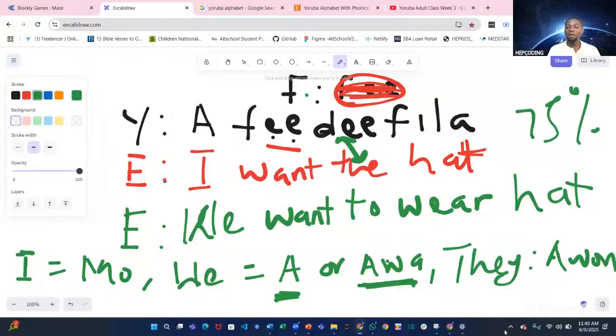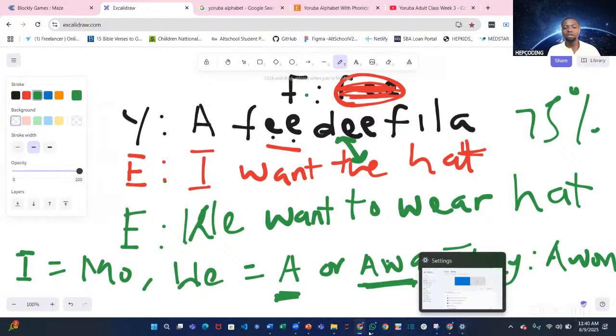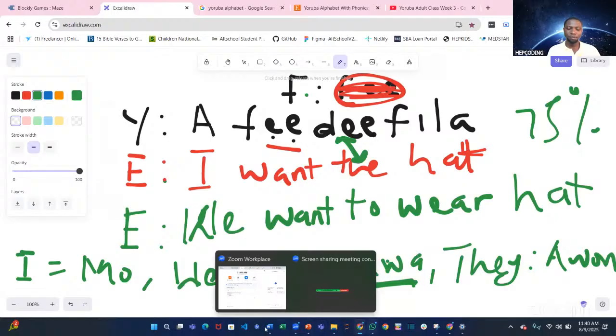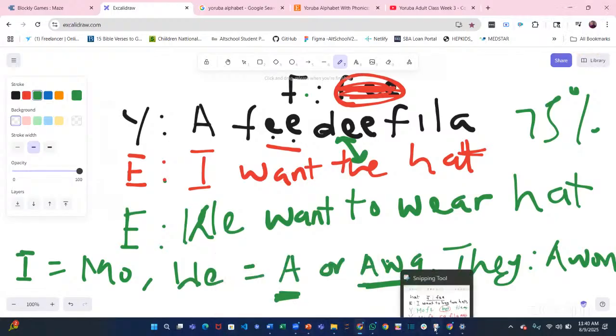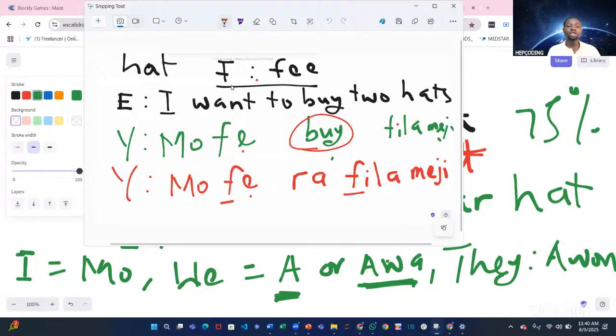So let's now move on. I want you to give me one sentence using all these three things. Give me one English sentence, and then I will write that for you, and then that will move to another alphabet now. You understand me, right? Using àwọn, or mo.